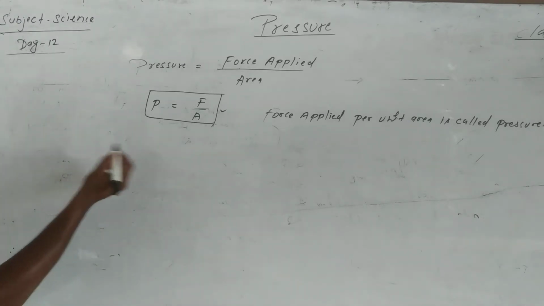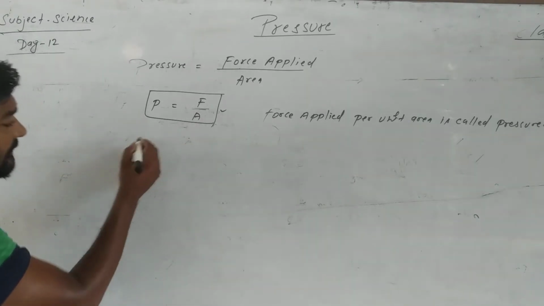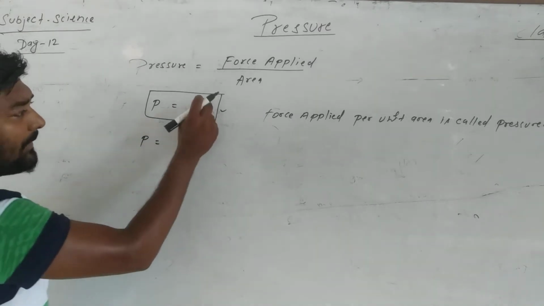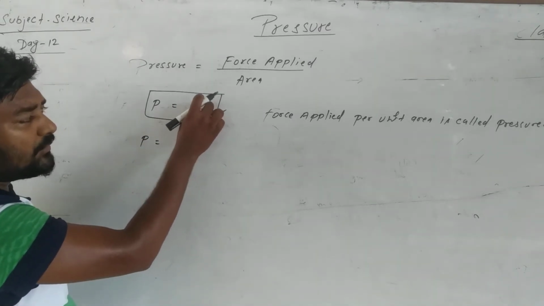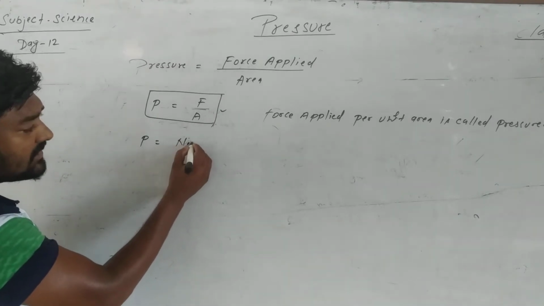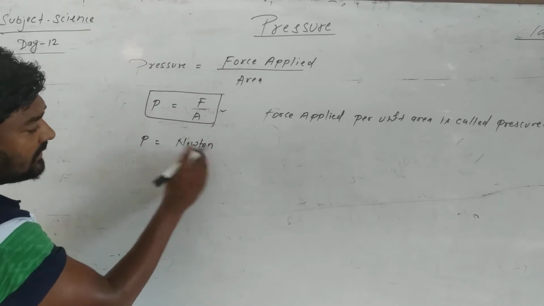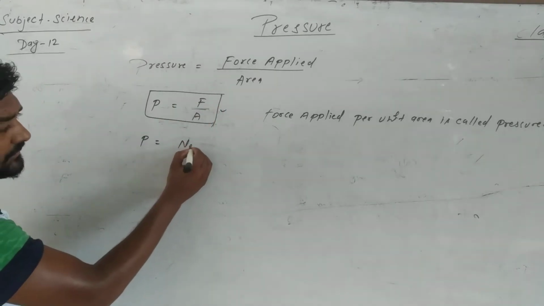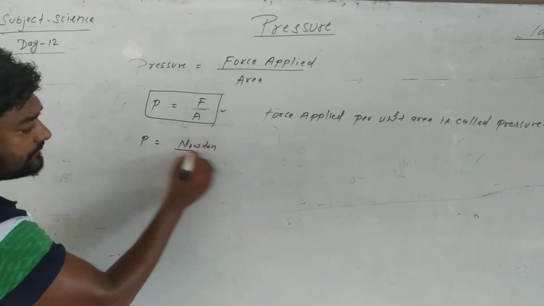And see here, what is the unit of pressure? P is equal to F by A. What is the unit of force? Yes, we have already discussed in the previous classes. Good. Newton.